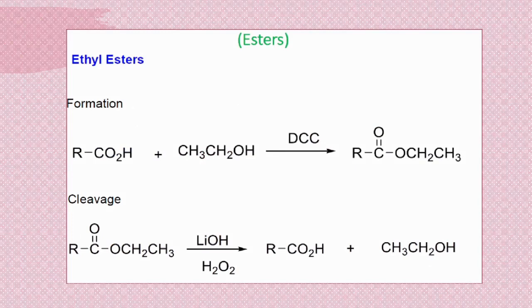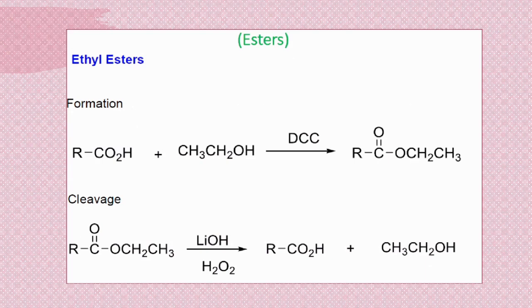About the formation of ethyl ester, the reaction is similar. The carboxylic acid reacts with ethyl alcohol in the presence of DCC, dicyclohexylcarbodiimide, resulting in the formation of ethyl ester. DCC is an activating group, and usually this reaction takes place in the presence of this activating group, and an ethyl ester is formed, and we have protected this carboxylic acid.